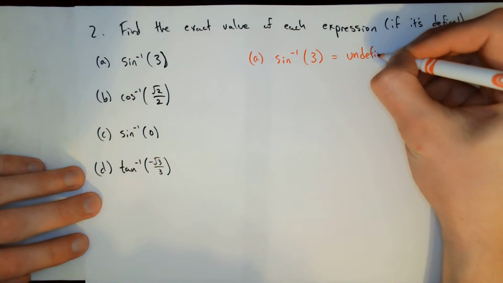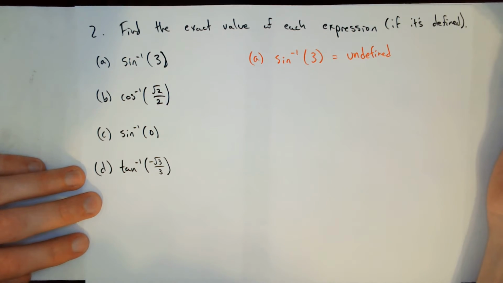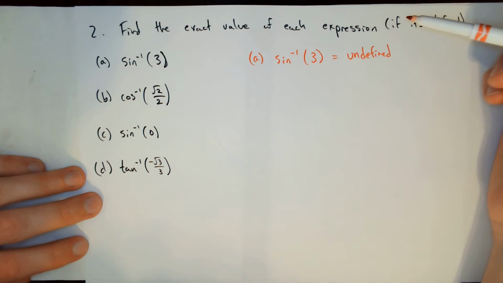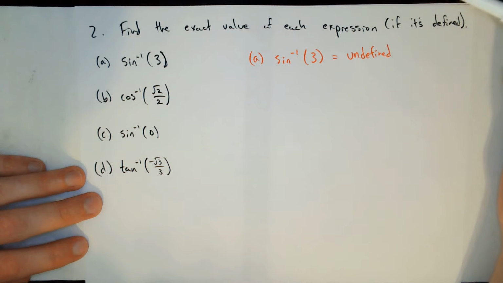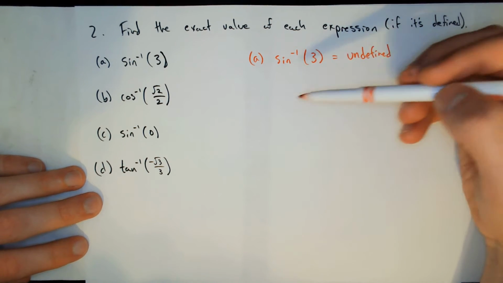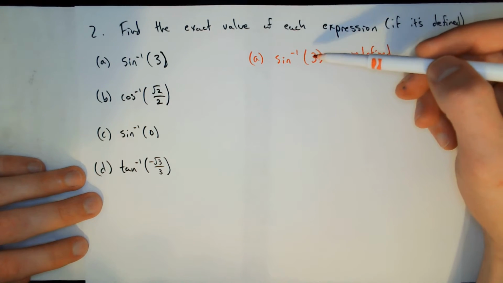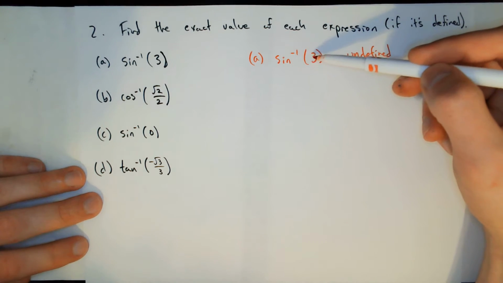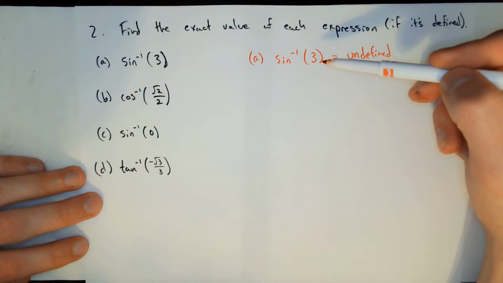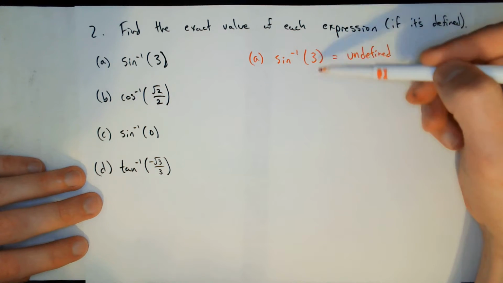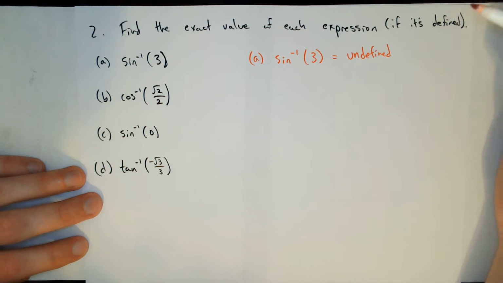you could look at this a couple different ways. First of all, sine only ever outputs between -1 and 1, right? So this is just not possible. Another way, maybe a more direct way of looking at it, is the domain, meaning the allowed input variables for a sine inverse function, is -1 to 1, and thus 3 is outside of that domain, so it's undefined.